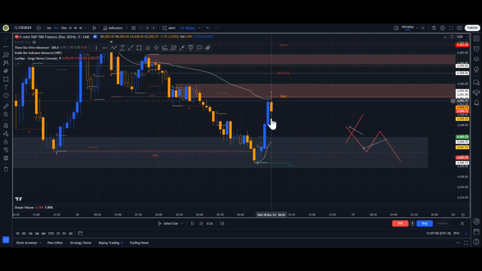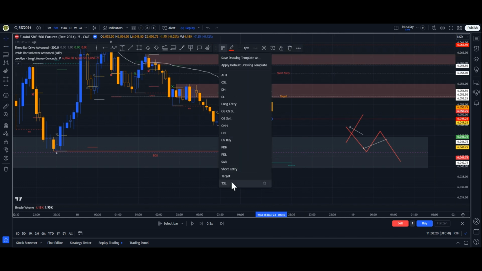We are not concerned about this signal as of now, but this is a bearish signal which closed below the VWAP. So we will keep this as our TSL for this trade.